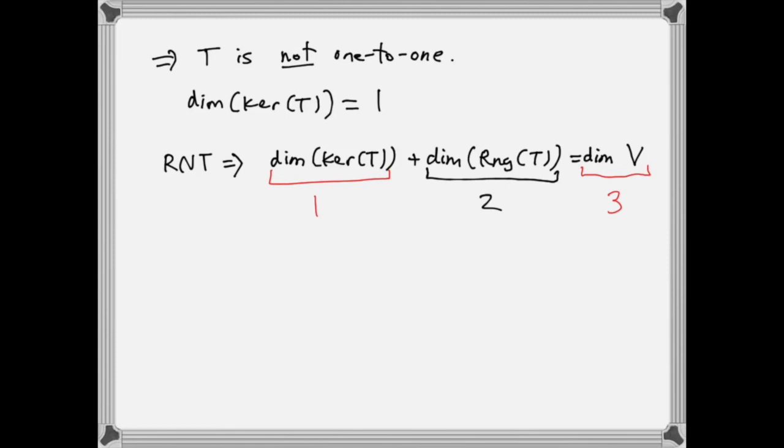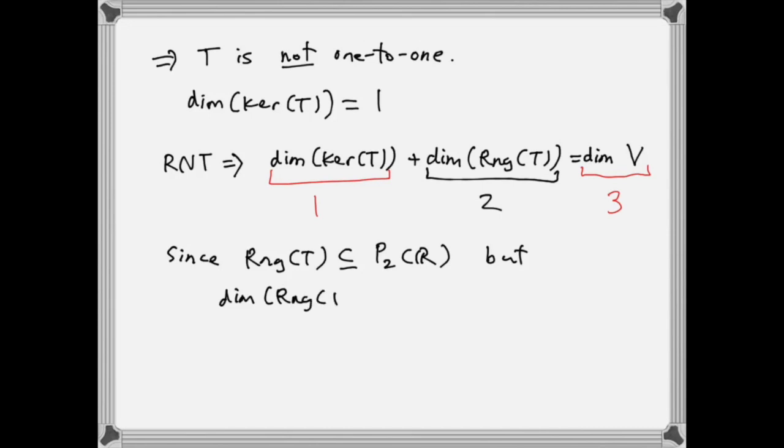So by the same reasoning as before, since the range of T is a subspace of, well, we're mapping to P2(R), right? So P2(R), but the dimension of the range is equal to 2, this implies that the range cannot equal the whole thing.